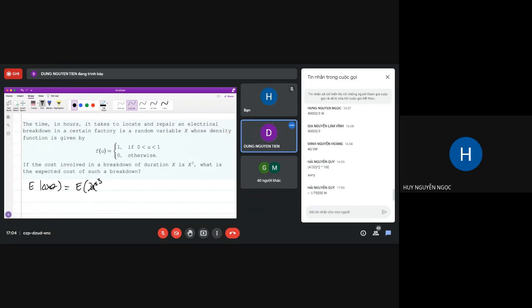X to the third, and that is the integral from 0 to 1 of u to the third times 1 du, right?